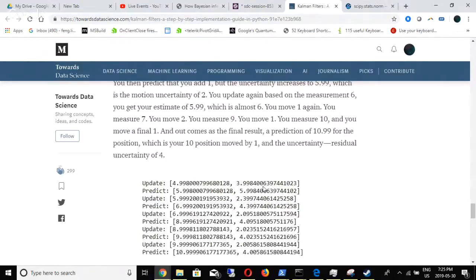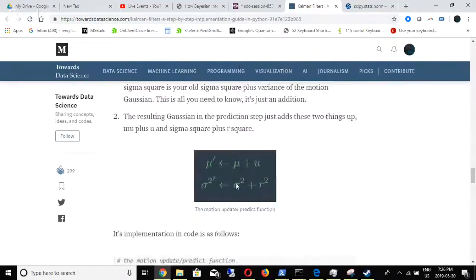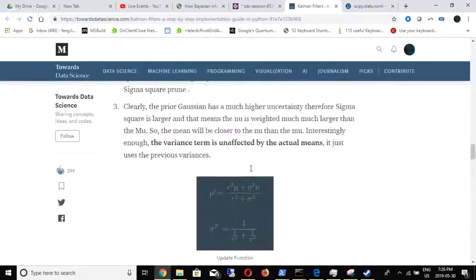Then you update, you become less uncertain, and then you predict, your uncertainty goes back up, update, predict. So this goes in a cycle. Essentially, very soon you will be very certain of the predicted position, etc.